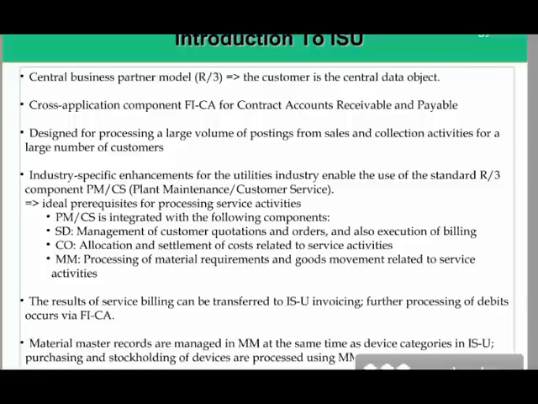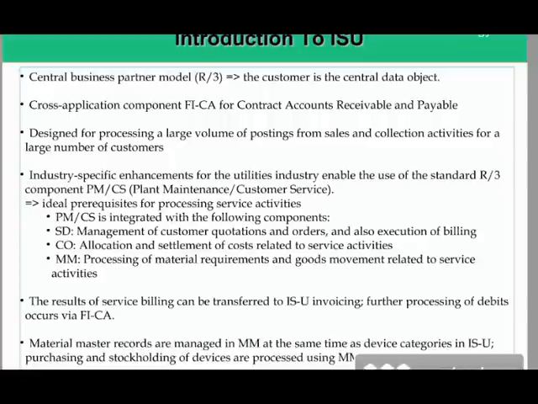This shows how the ISU modules are integrated with the core modules, and what data gets transferred from one module to another. Material master records are managed in MM, but the device category in ISU is the material created in the material management module. Similarly, a network hierarchy is created in plant maintenance, which gets linked to the connection object.